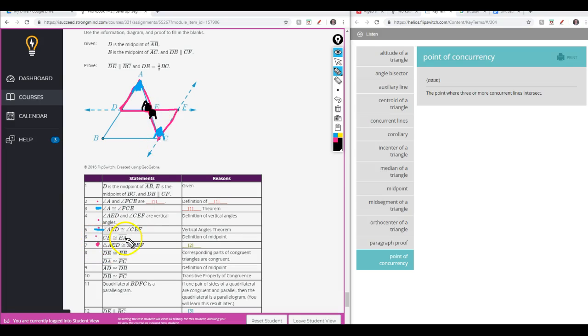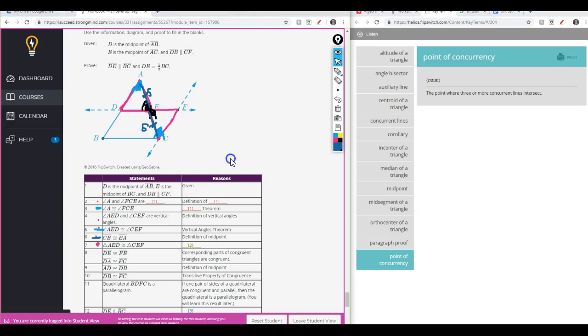And then it's stating that segment CE is congruent to segment EA. So segment CE from here to here is congruent to segment EA. So we have an angle, a side, and an angle, the corresponding side and the corresponding angle.